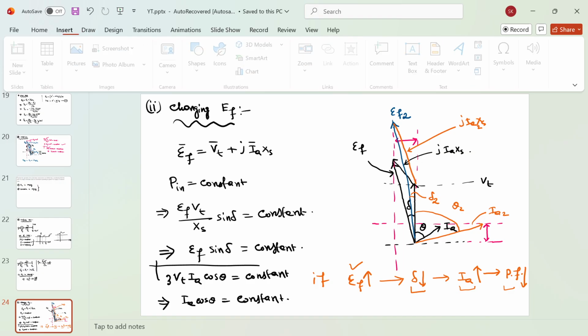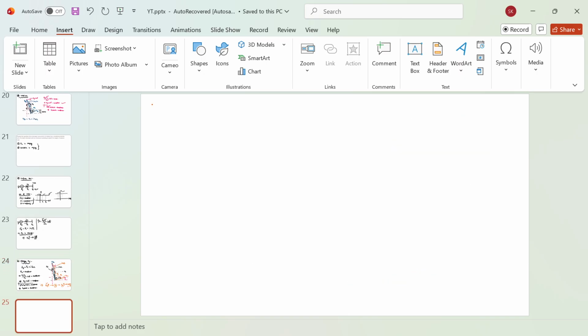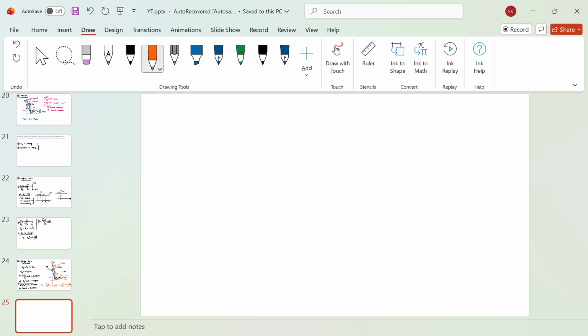Now we will see the case when my synchronous generator is operating in isolated operation. Isolated case, let's say, that means my synchronous generator is not connected to any infinite bus bar and is operating as an isolated generator.